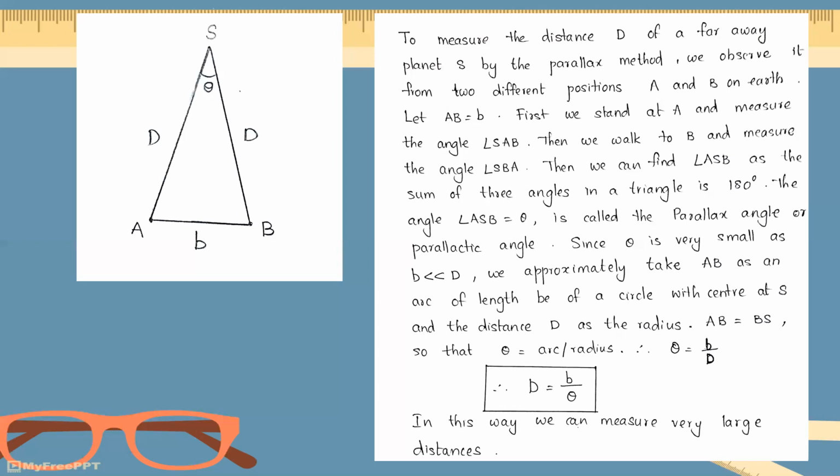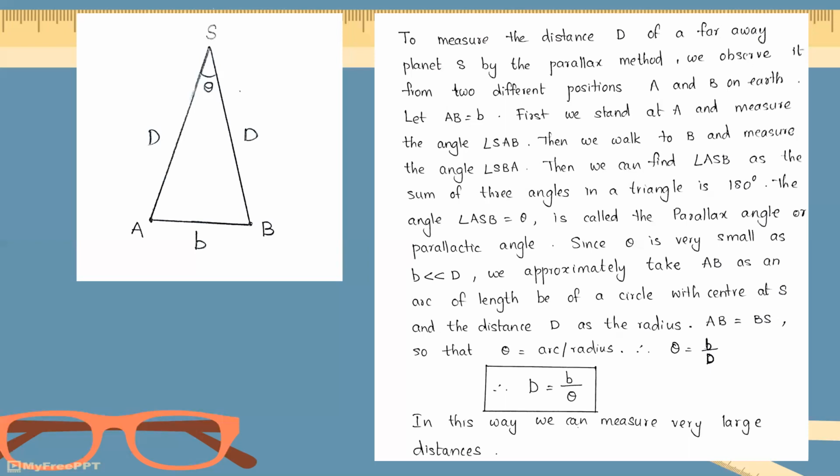Since theta is very small, as small b is very much less than capital D, we approximately take AB as an arc of a circle. The distance AB, which we walked on the surface of the earth from the point A to the point B, let it be small b. But what is this distance when compared to the distance of the moon from the surface of the earth?